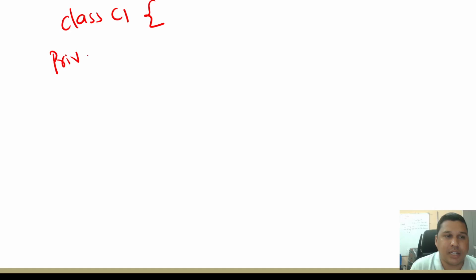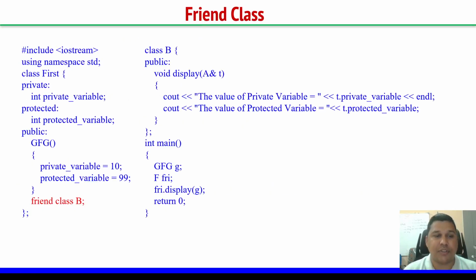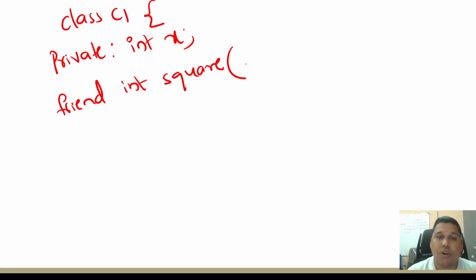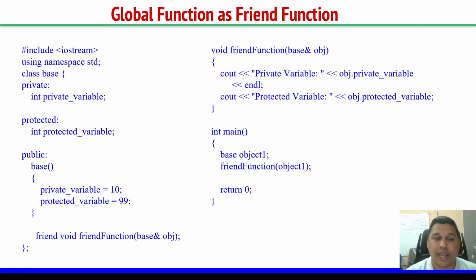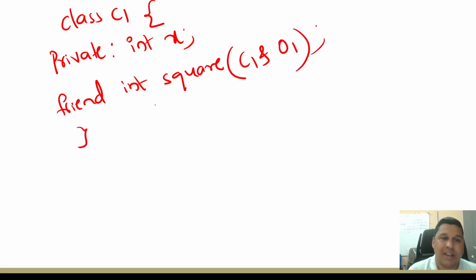I have one private variable, int x. I am saying friend int square. Here I will give the class name, C1 ampersand object 1. I will teach you what this ampersand is. I will talk about that.